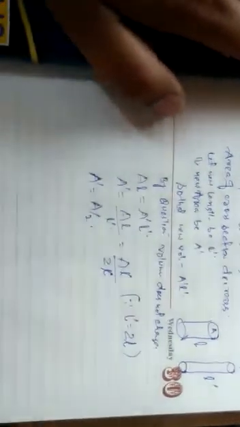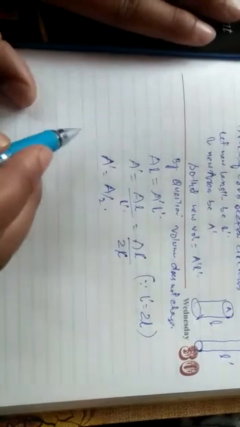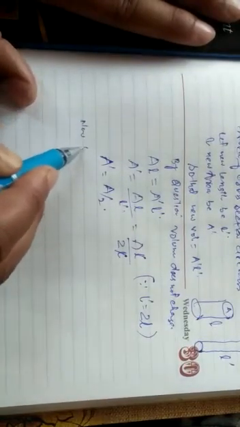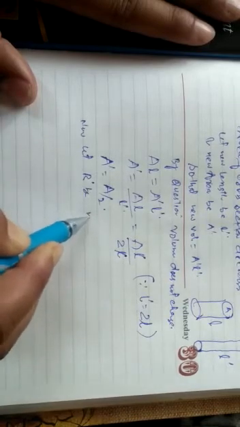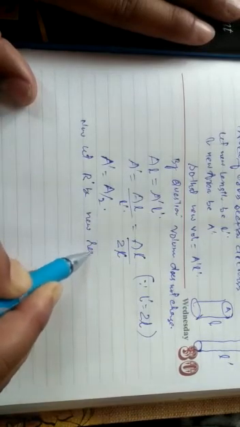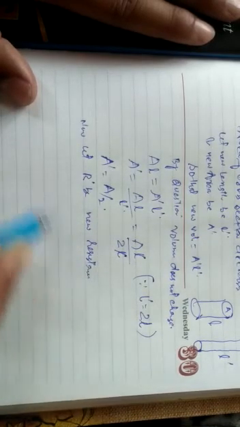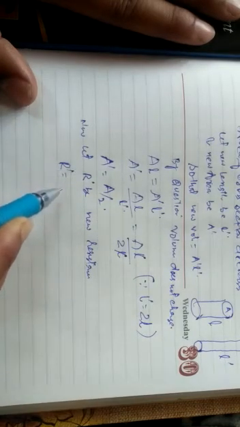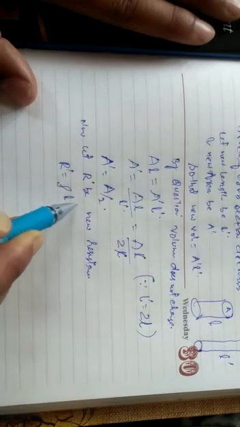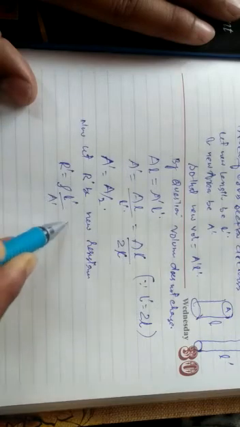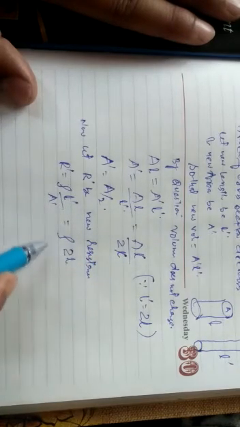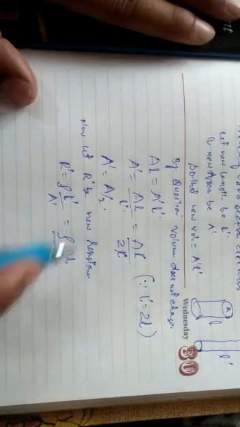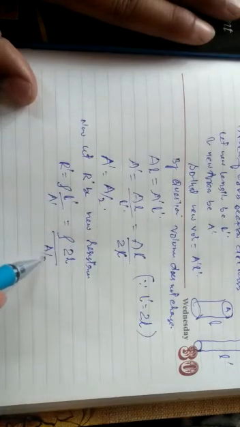Now, on further solving, let R dash be the new resistance. Then R dash is equal to rho L dash over A dash. Instead of L dash we place 2L, and instead of A dash we place A by 2.